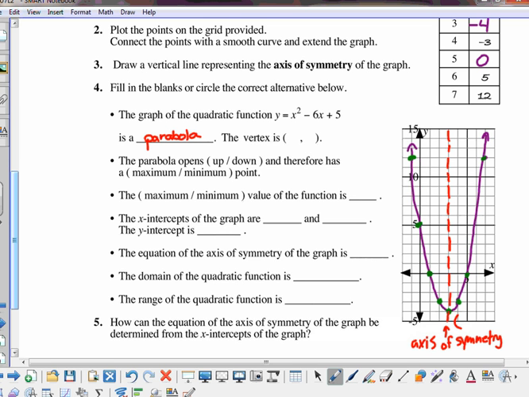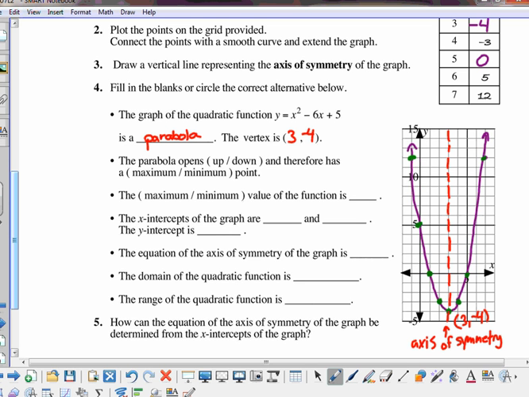X is 3, comma, y was, Jesse, you said it? Negative 4. So the vertex is that lowest point, so that'd be 3, negative 4. That's for the max or min value. The vertex, we want the point.